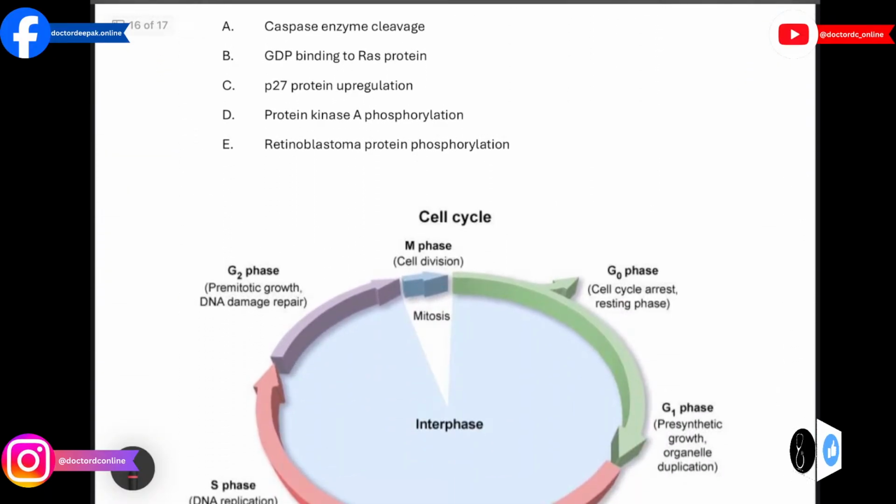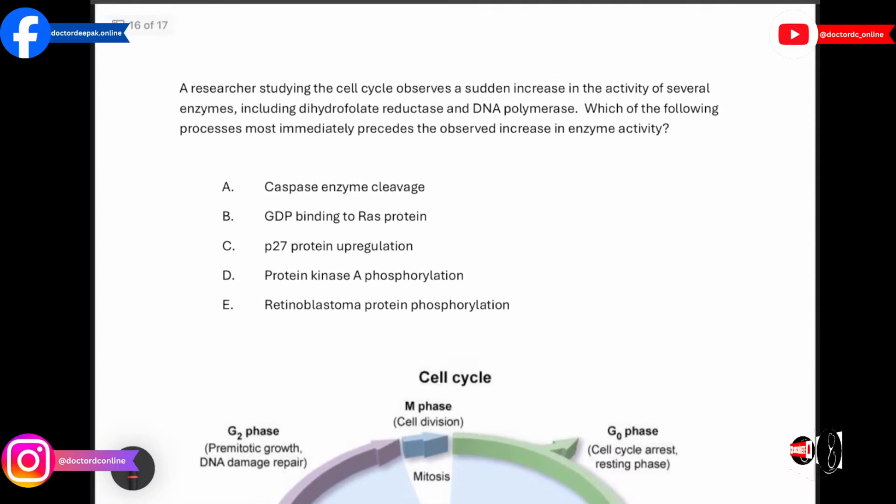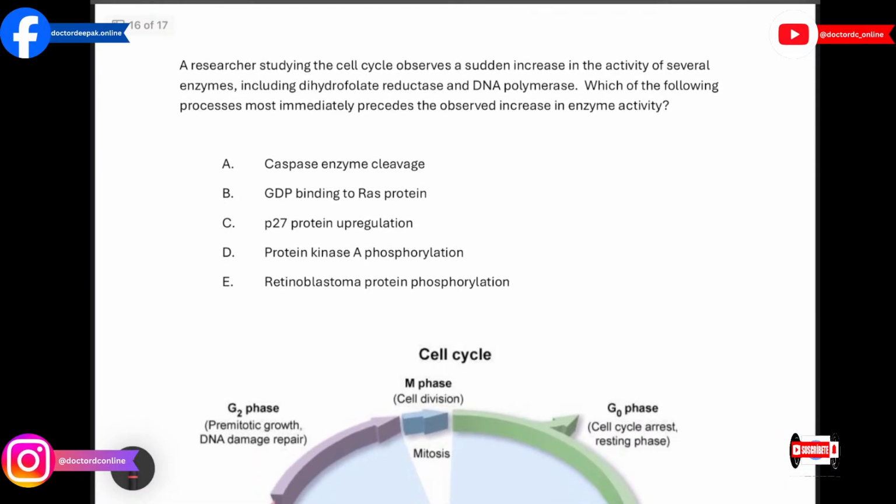Next question is on the screen. Researchers studying the cell cycle observe a sudden increase in activity of several enzymes, including dihydrofolate reductase and DNA polymerase.